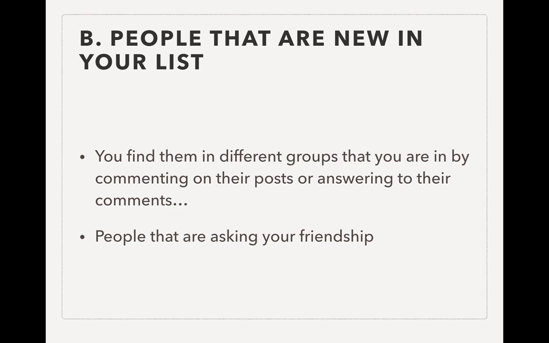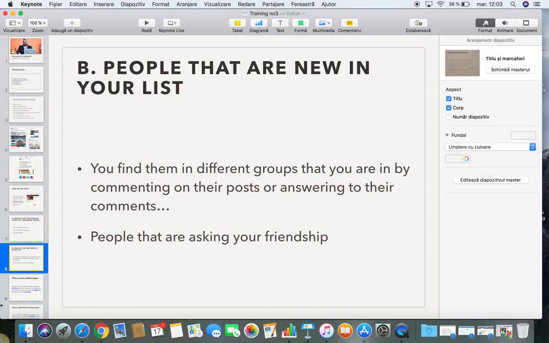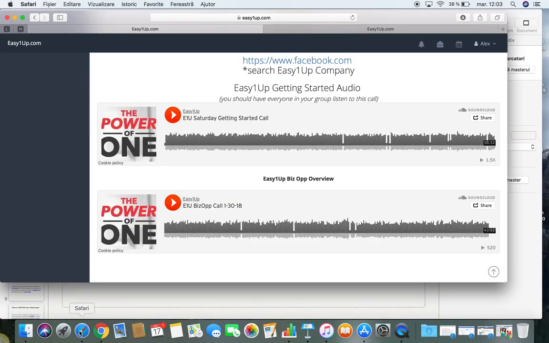A lot of people, or we have friends in common, and they just ask for my friendship. And also I see people that are in my Facebook list, and they are part of groups. Let me show you what I want to say.